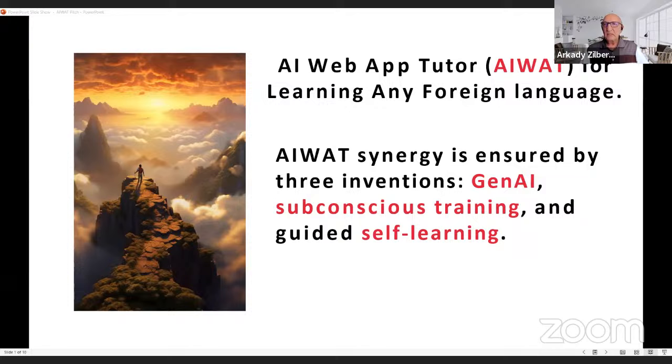AI gives its instructions which you should memorize. That is, it uses traditional conscious learning.